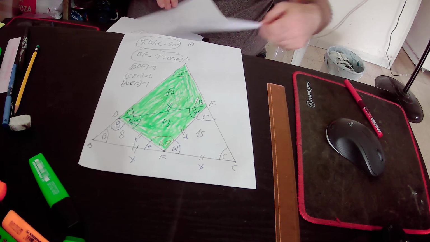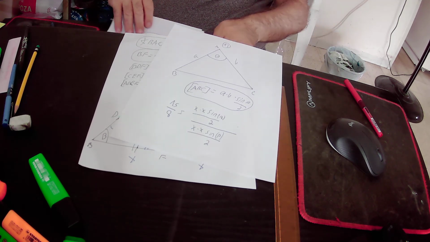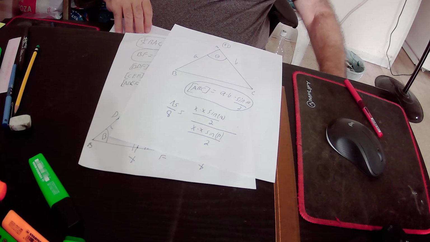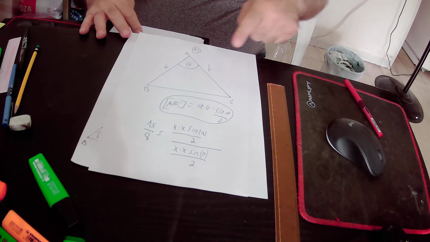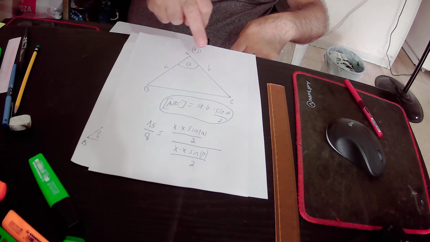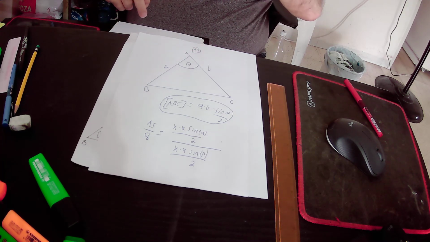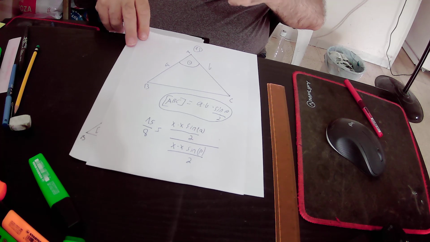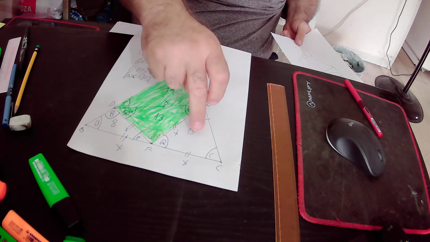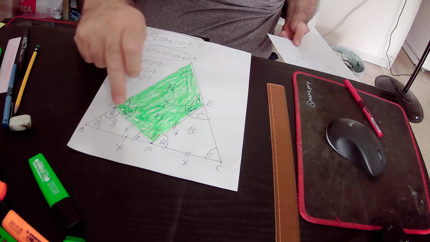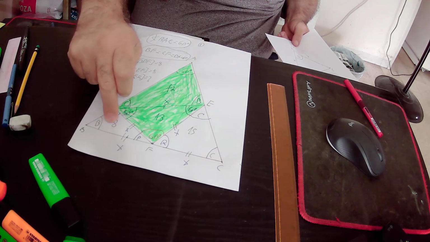And then I presented to you a new formula for calculating the area of any triangle. The area of this triangle equals a times b times sine theta over 2. And the area of this triangle is 15 square units and the area of this triangle is 8 square units.